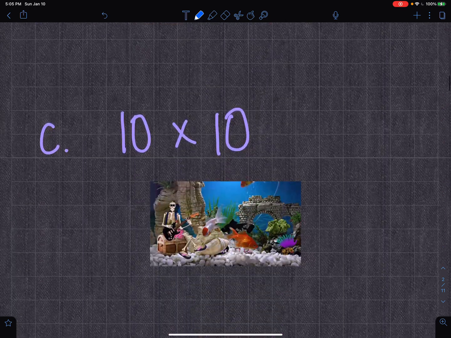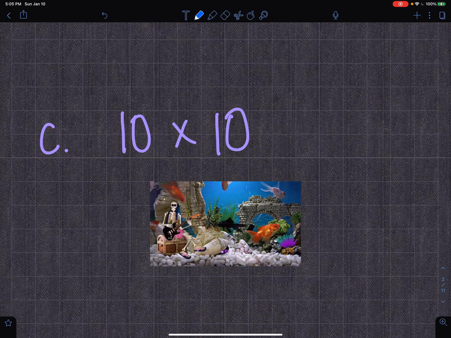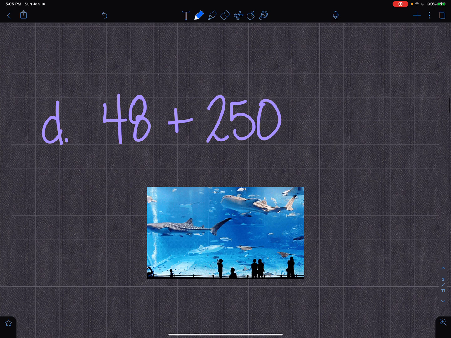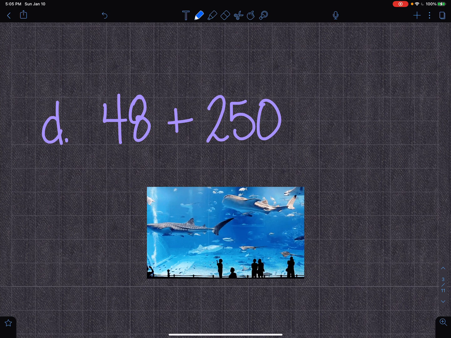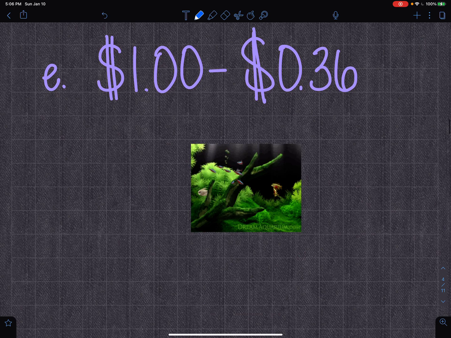Let's do C. 10 times 10. What is your answer? Okay, D, we're going to do 48 plus 250. E is going to be $1 minus 36 cents.